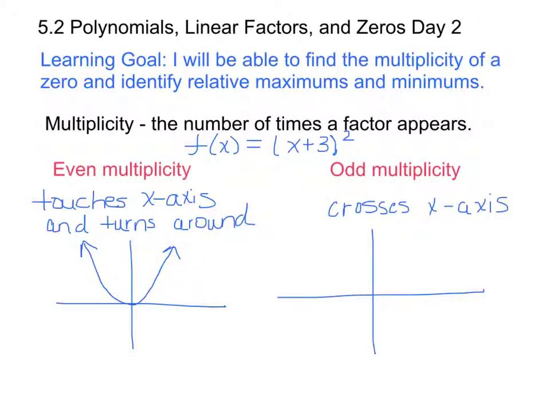So it'll do something like this, where it actually crosses the x-axis. Okay, so even multiplicities touch the x-axis and turn around, and odd multiplicities cross the x-axis.